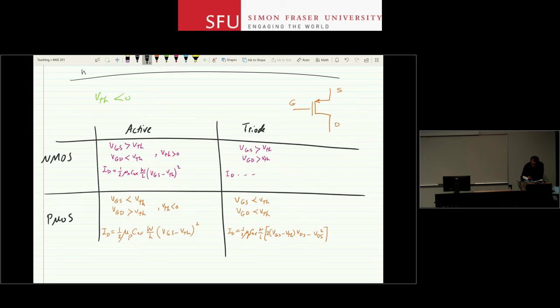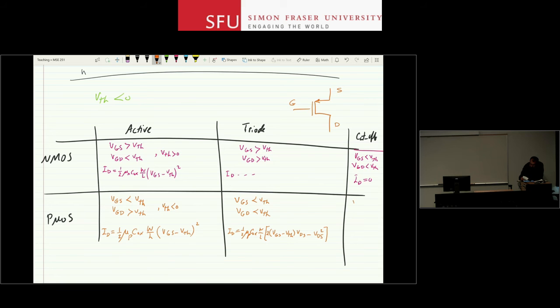And then finally you have cutoff. This is the easy one where, for an NMOS, VGS is less than VTH, VGD is less than VTH. You don't have a channel at either end, and therefore ID is 0. For a PMOS, it's a similar situation.